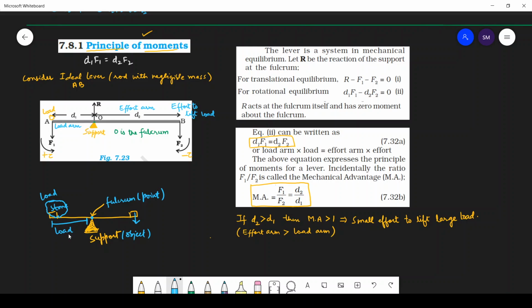It's so simple. The fulcrum divides the lever into two parts. One is the load arm, which is towards the load, and the other is towards where you are putting the effort downwards. So that length is the effort arm.